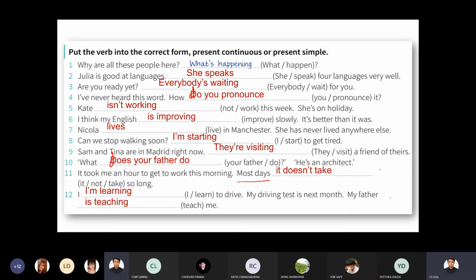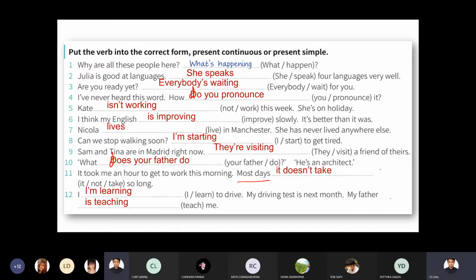Number four, I never heard this word. How do you pronounce it? Number five, Kate isn't working this week. She's on holiday. Number six, I think my English is improving slowly. It's better than it was. Number seven, Nicola lives in Manchester. She has never lived anywhere else.